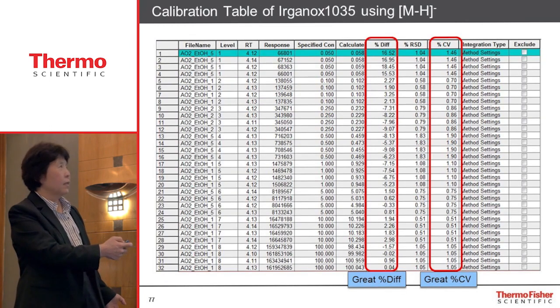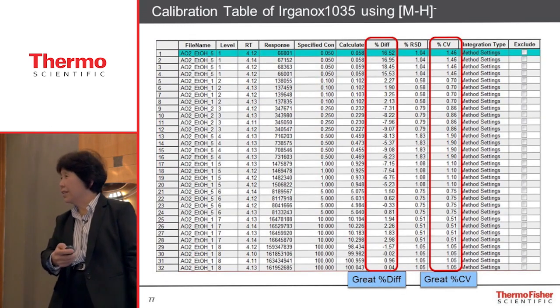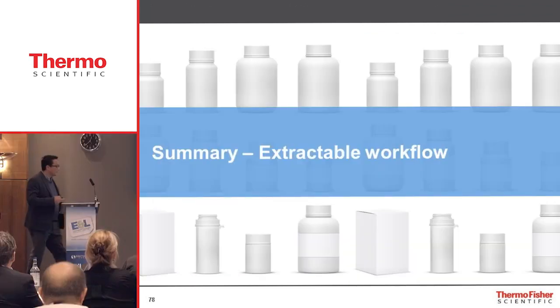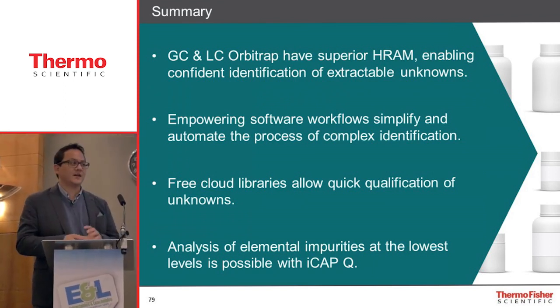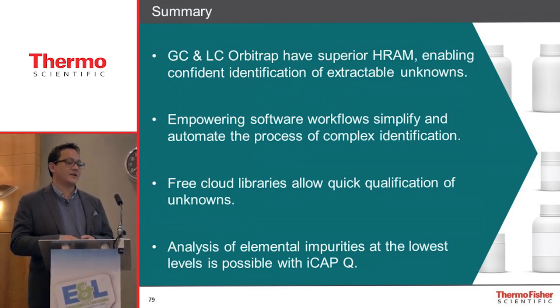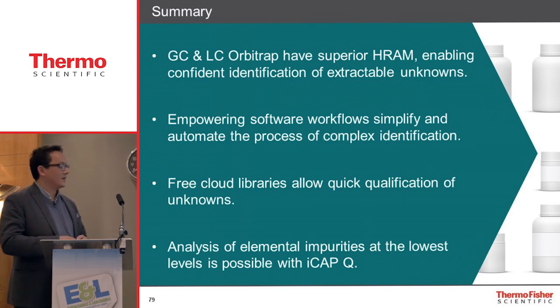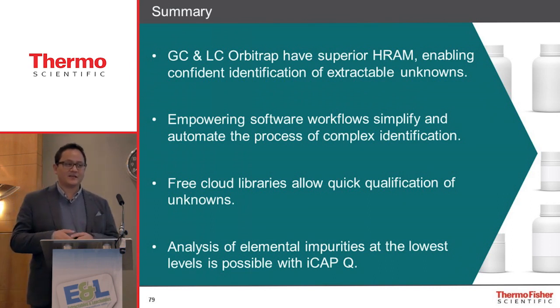So with that, I'm going to hand this back to Kyle. So hopefully we've been able to show you some of the capabilities for really identifying these extractables to leave you with no unknowns in your reports. We've presented GC and LC Orbitrap technology for this. We've also shown some empowering new software workflows.